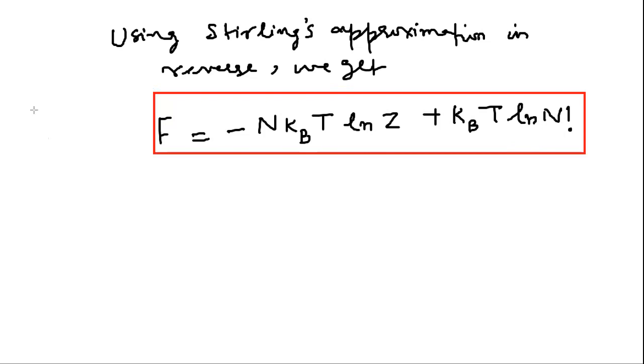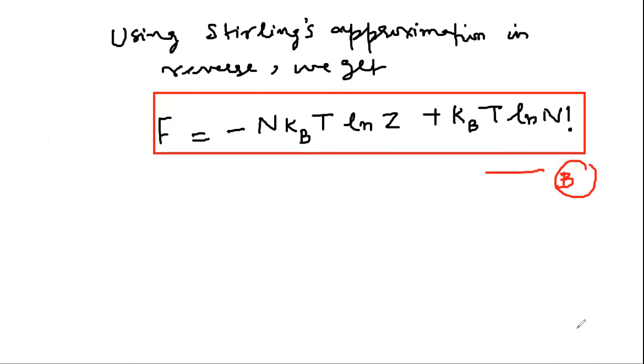So let me name it. This is my equation B. So again, let me check it. Minus N kB T ln Z plus kB T ln N factorial. So what we have done, we have used Stirling's approximation in reverse.